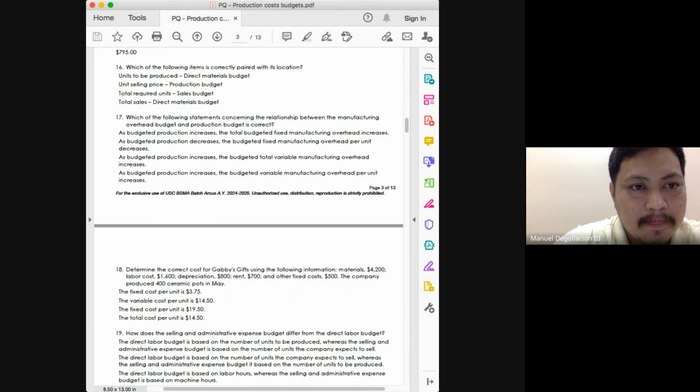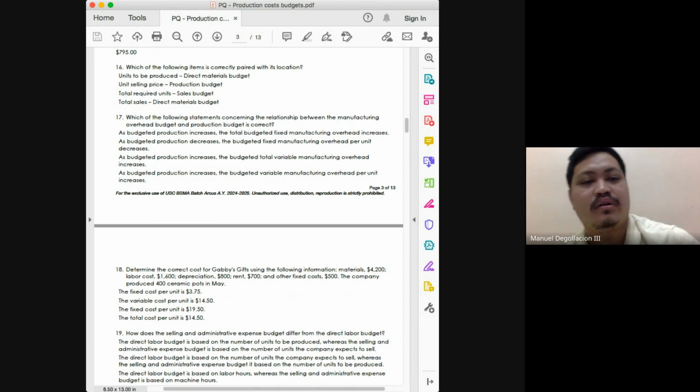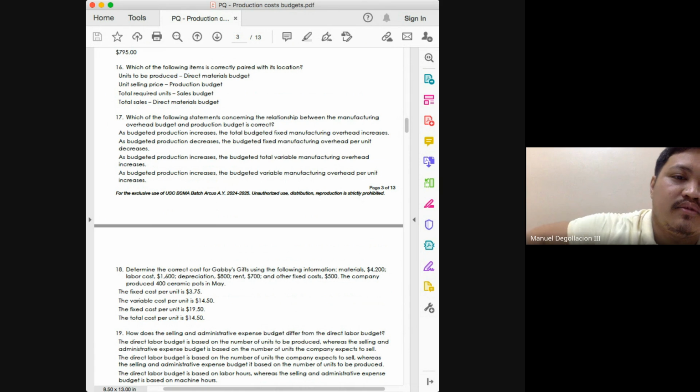Because if you have fewer units to share in the fixed cost, then each unit will have a higher share. The more units to share, the lower the amount that each unit will have to share in the fixed cost. Okay, so let's check. Production went down. So what will that do to your per unit cost? It's not supposed to decrease. The fixed manufacturing overhead per unit should increase. So that means letter B is incorrect. As budgeted production increases, the budgeted total manufacturing overhead increases. This is correct. The behavior of your variable cost, whether total or on a per unit basis, is directly related to the level of production.